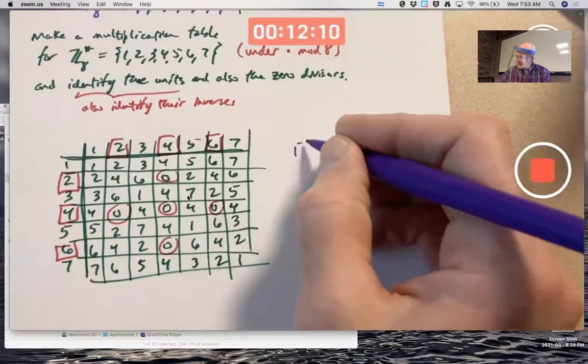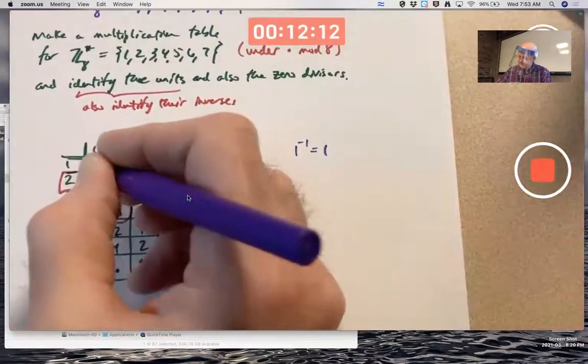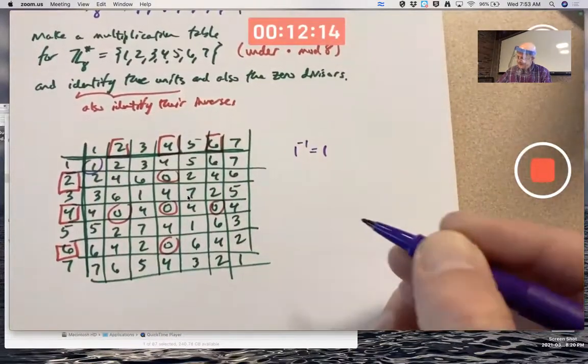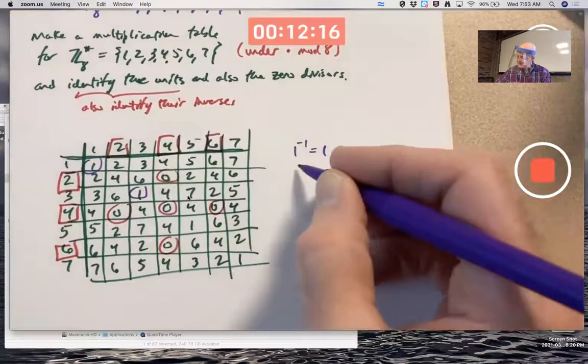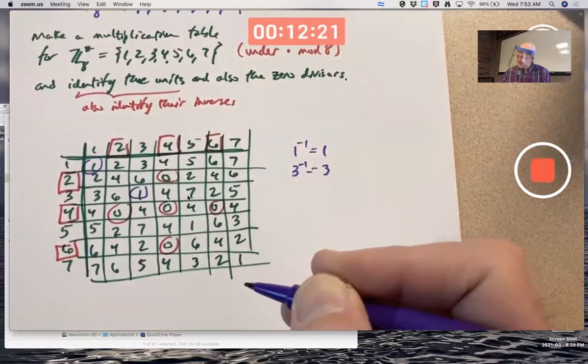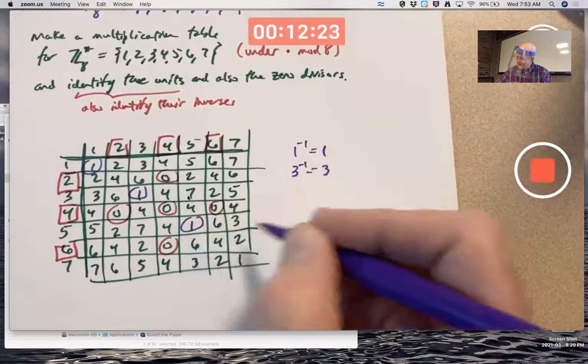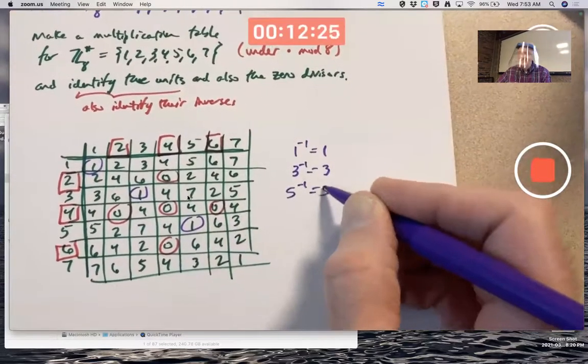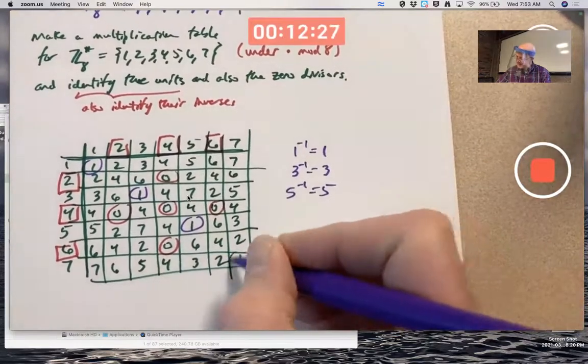The inverse of 1 is itself. What's the inverse of 3? Also itself. What's the inverse of 5? Also itself. The inverse of 7 must also be itself, and it is.